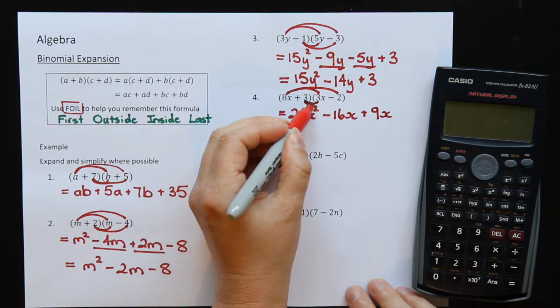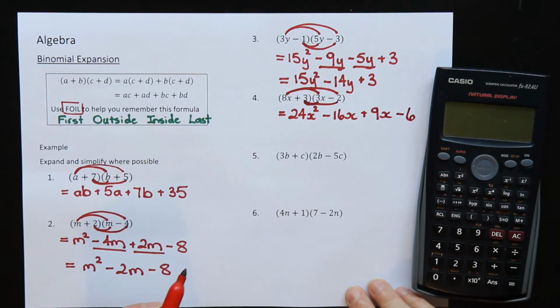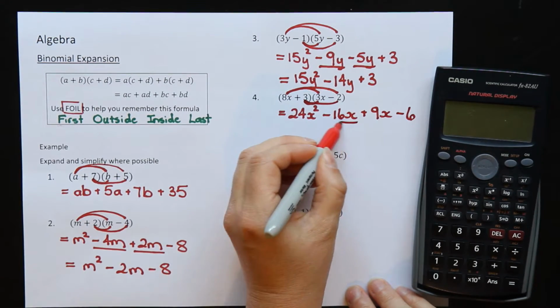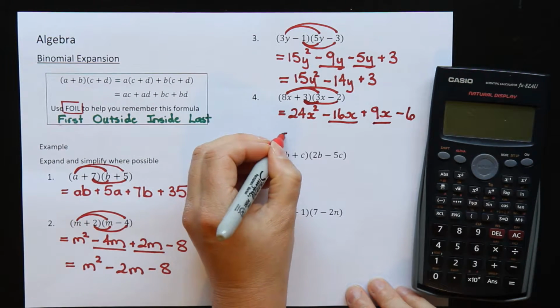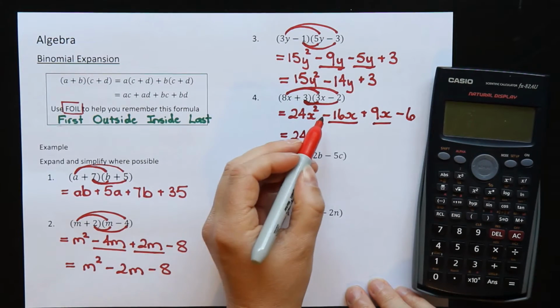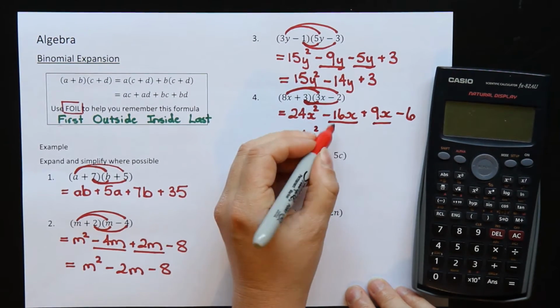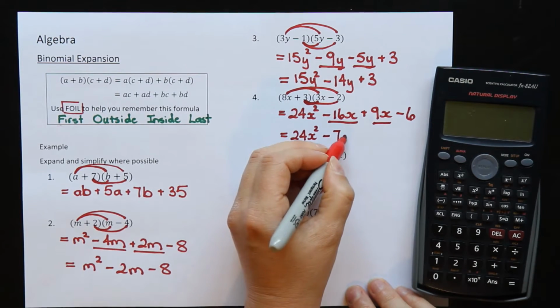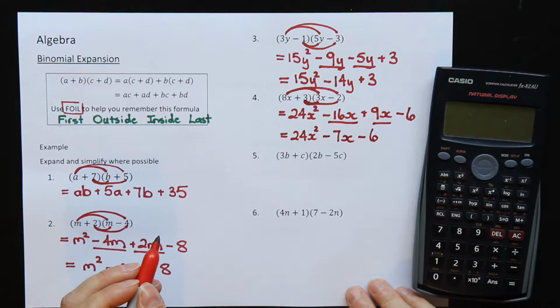And last, 3 times minus 2 is minus 6. Again, my middle terms are like terms, so we can collect them. 24x squared, minus 16 plus 9 will make a minus 7x and a minus 6 on the end.